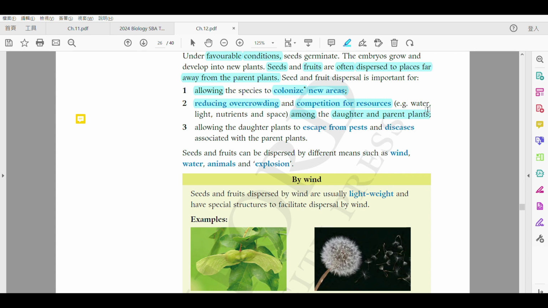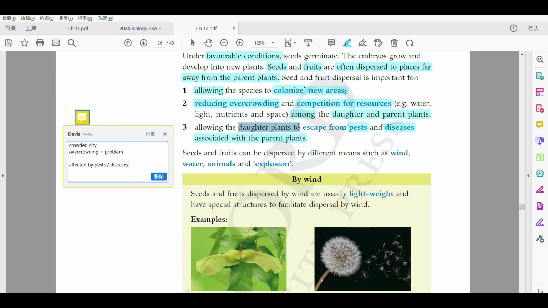The last part: if there are diseases or pests associated with the parent plants, or simply if the parent plants are affected by pests or diseases, the daughter plants are able to escape.